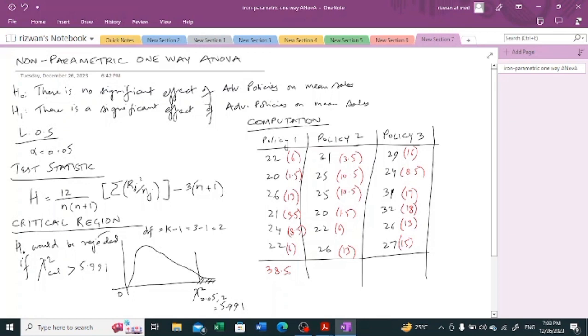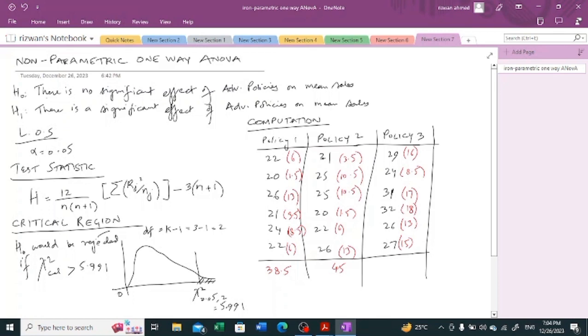Then we go to the next column: 3.5 plus 10.5 plus 10.5 plus 1.5, then 6, and then 13. So the sum of the ranks of the second column is 45.